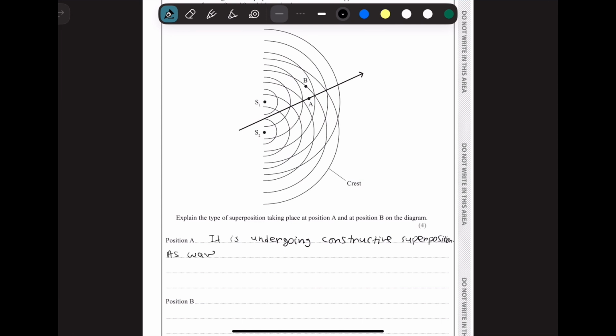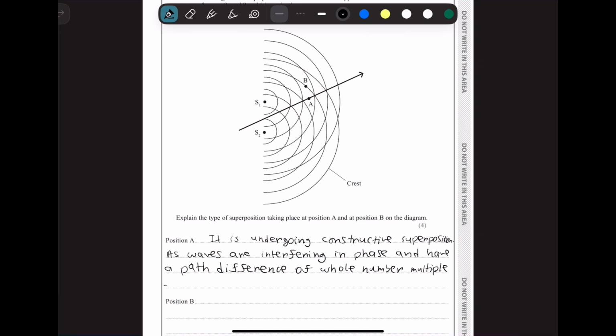As waves are interfering in phase and have a path difference of a whole number multiple of lambda, that is specifically n lambda, where n equals 1, 2, 3, and so on.